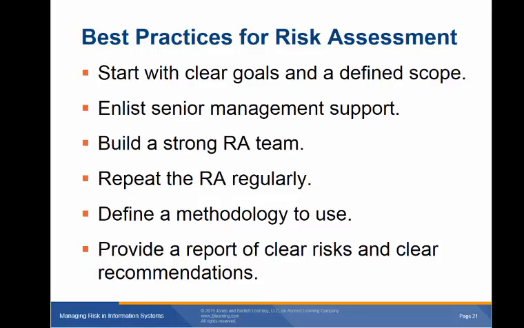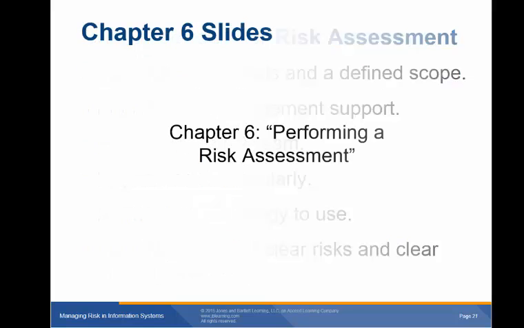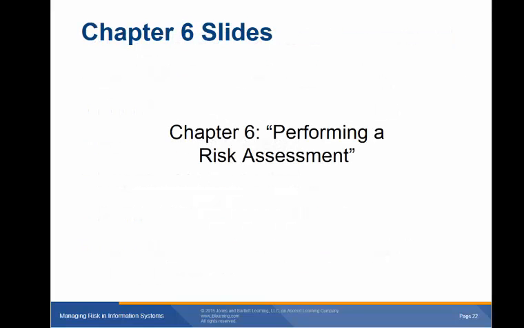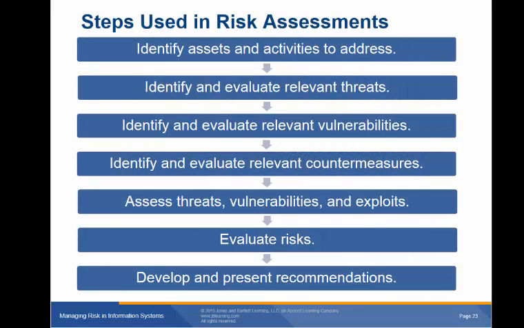And so now we'll move into Chapter 6, performing a risk assessment. Basically, in performing risk assessments, you want to identify the assets and activities to address, identify and evaluate relevant threats, identify and evaluate relevant vulnerabilities, identify and evaluate relevant countermeasures, assess threats, vulnerabilities, and exploits, evaluate the risk, and develop and present recommendations.